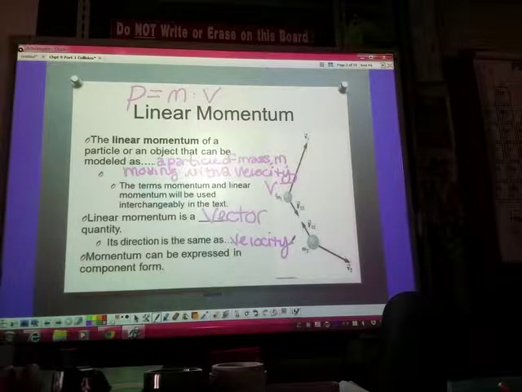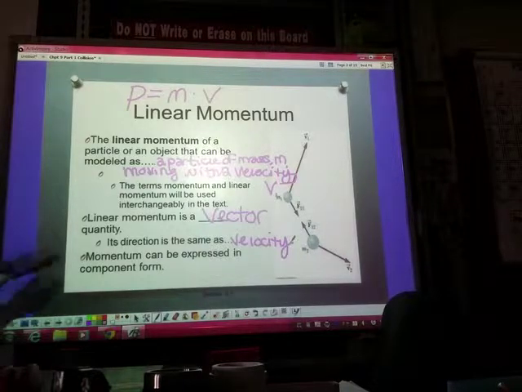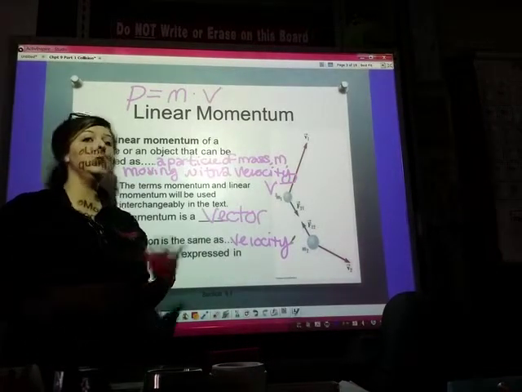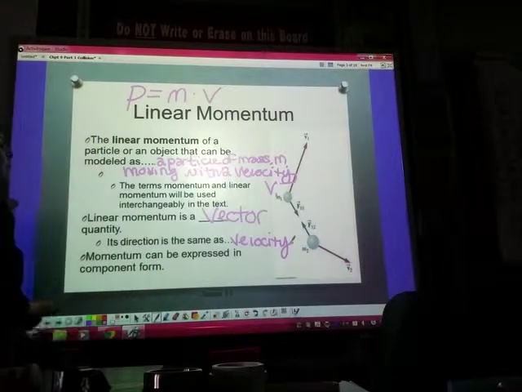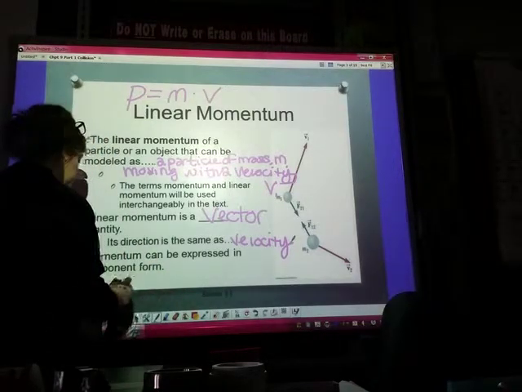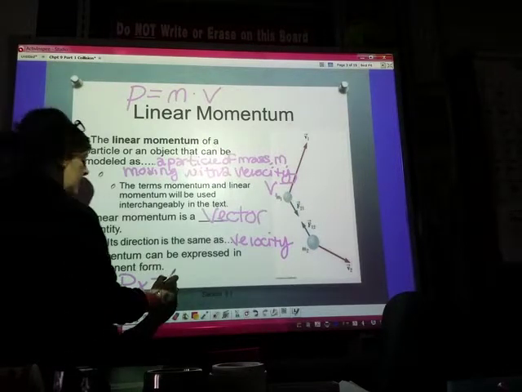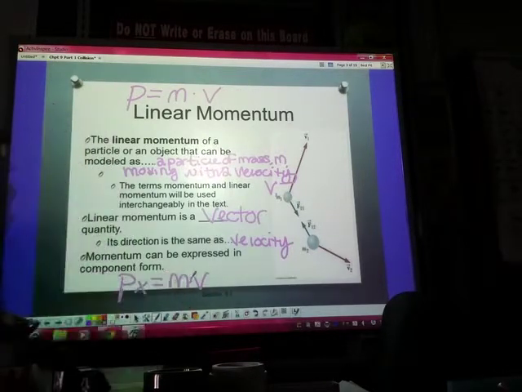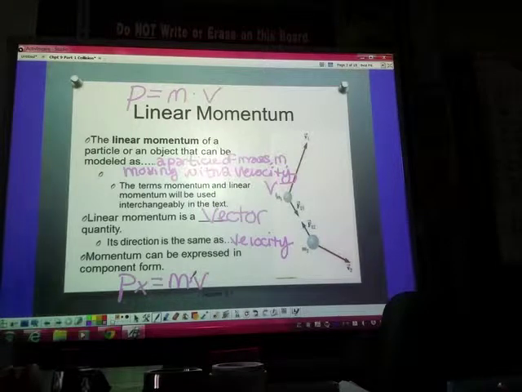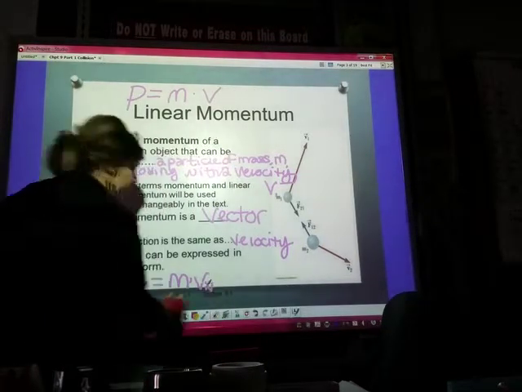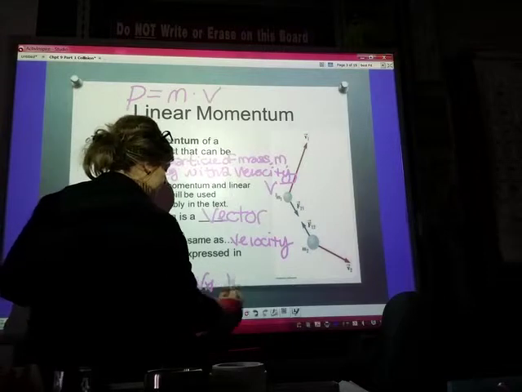We can, of course, express linear momentum in terms of all of its dimensions. So we can express it in terms of its component form. So maybe I'm talking about only the x direction, then the linear momentum in the x direction is going to be equal to m times v, but that v is going to be in the x direction. I can do the same thing for y.